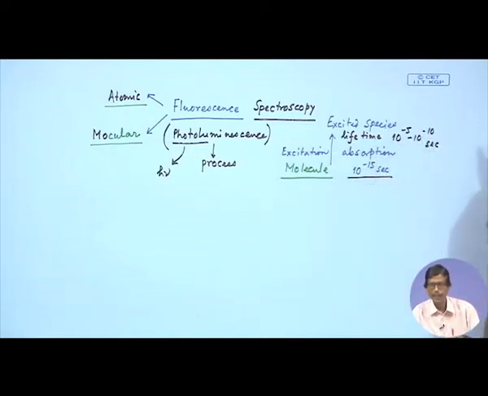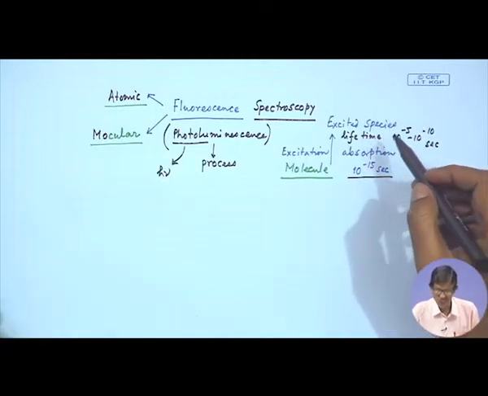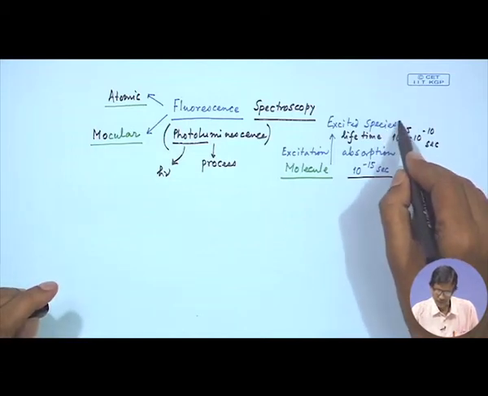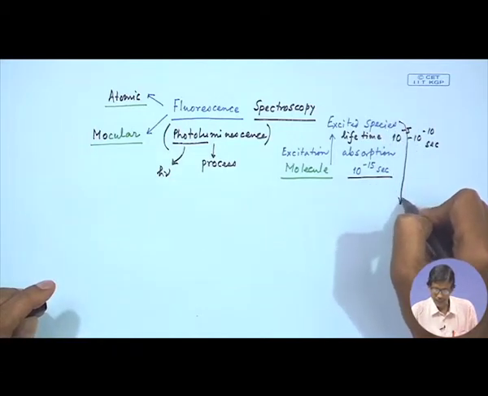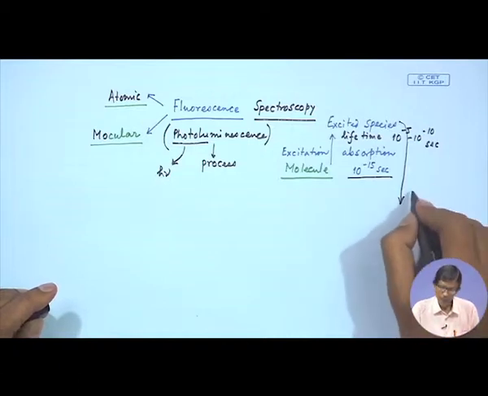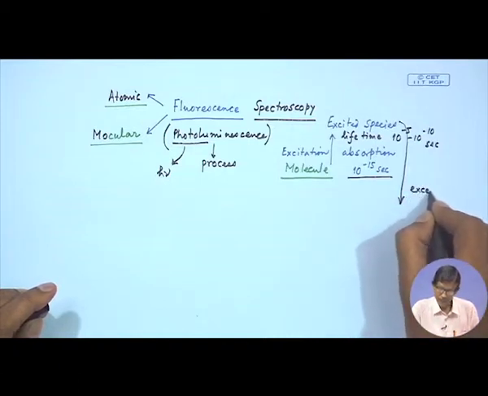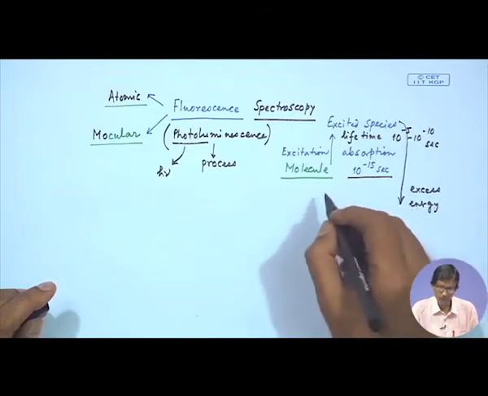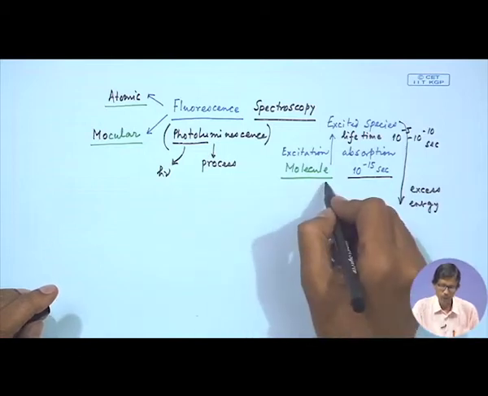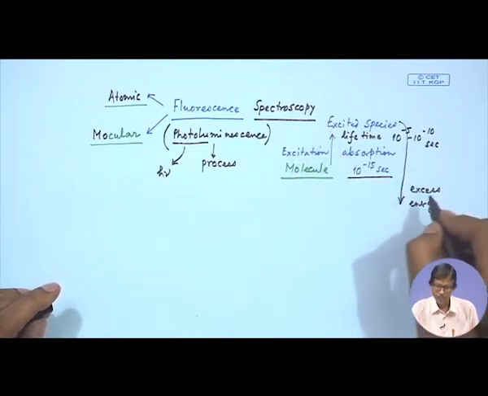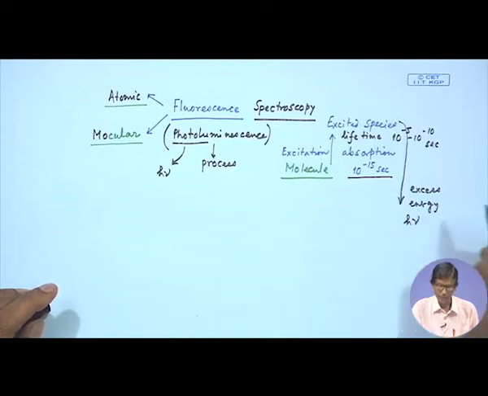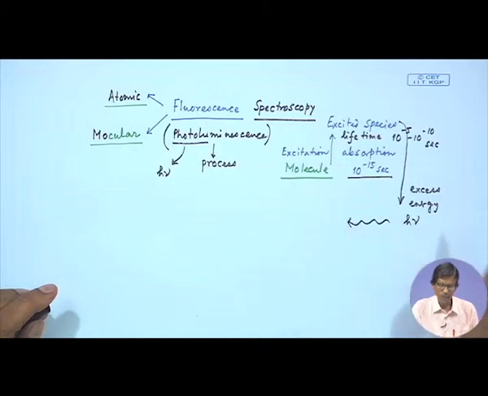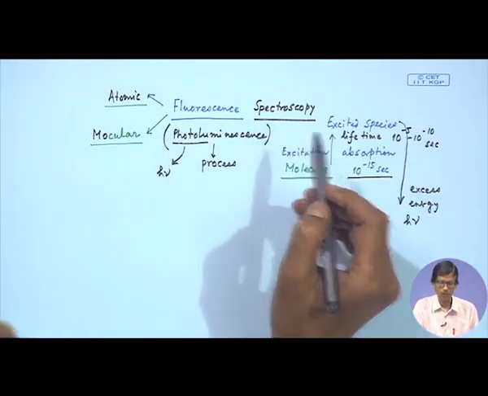What happens basically is that after excitation the species is there, and then it relaxes. This relaxation we can monitor, where the excess energy due to the promotion from the ground level to the excited level, which we all know is the E1 level to the E2 level, will be emitted, and that emission we measure by this spectroscopy.